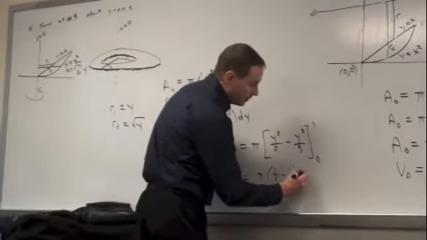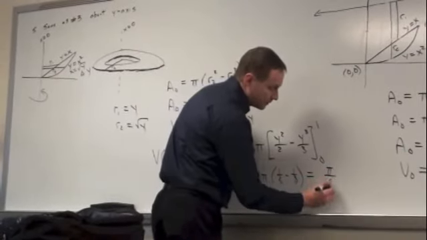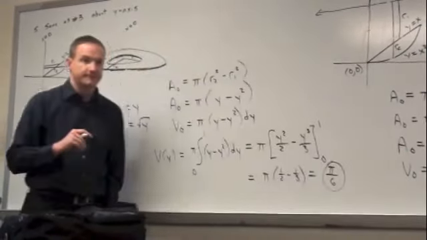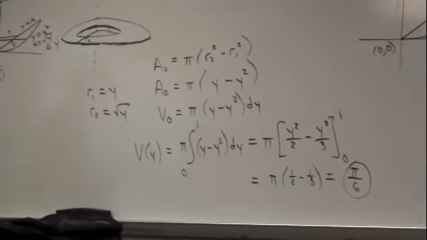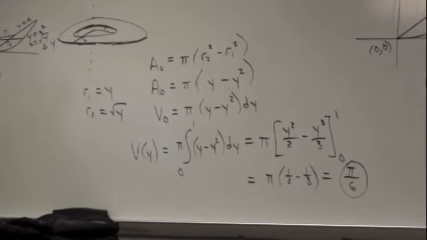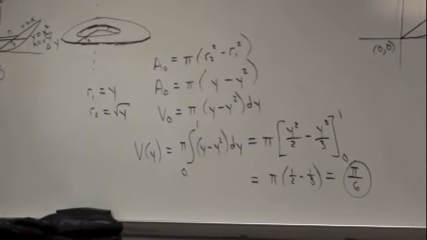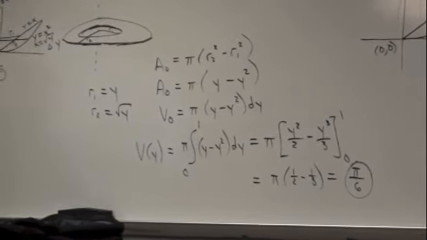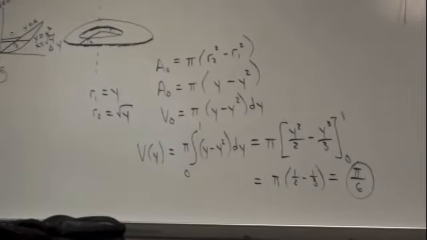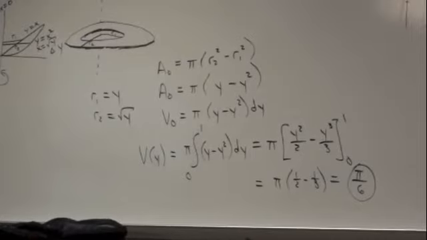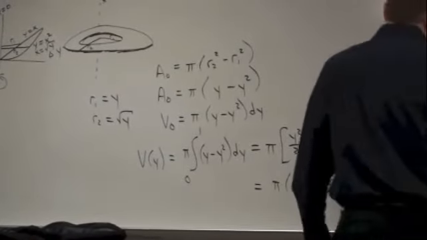Thus our answer, pi over 6. Is this okay so far? Okay.